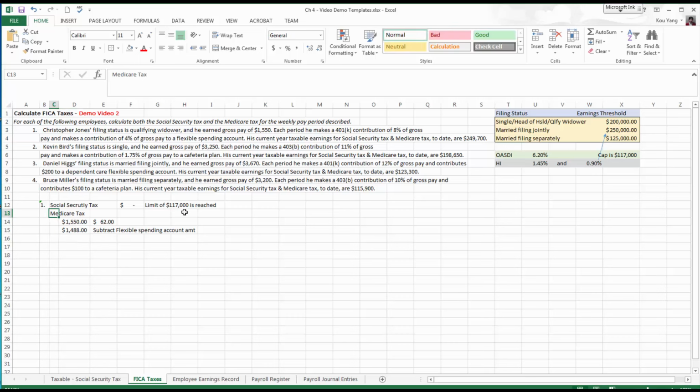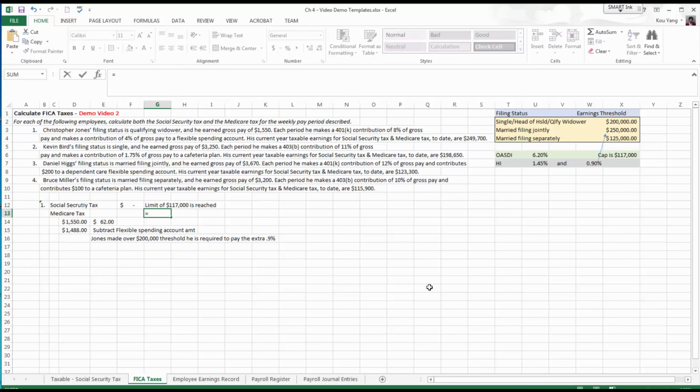And for my Medicare tax then, because Jones made over the $200,000 threshold, he is required to pay the extra 0.9%. You can do it two ways, and I'm going to do it this way.